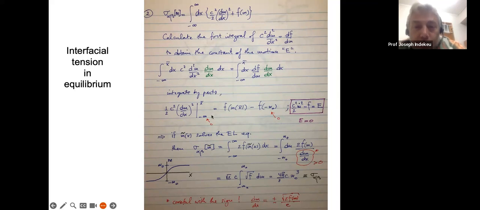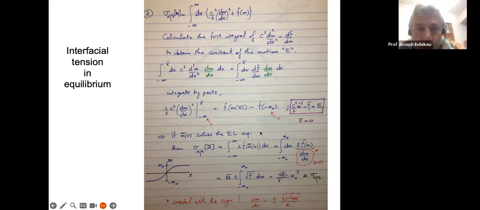But because of this equality here, that E takes the value 0. So this is a constraint, a first integral that we can use in our calculation of the interfacial tension.